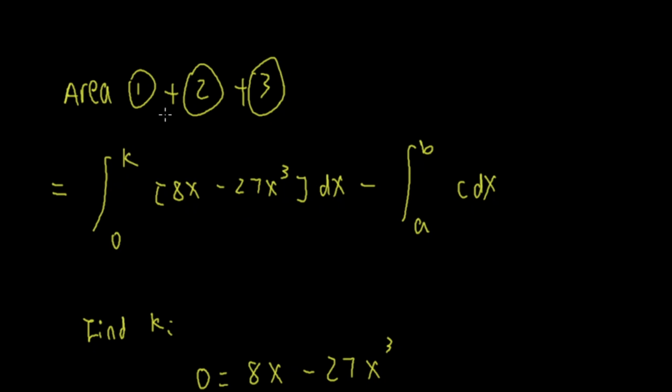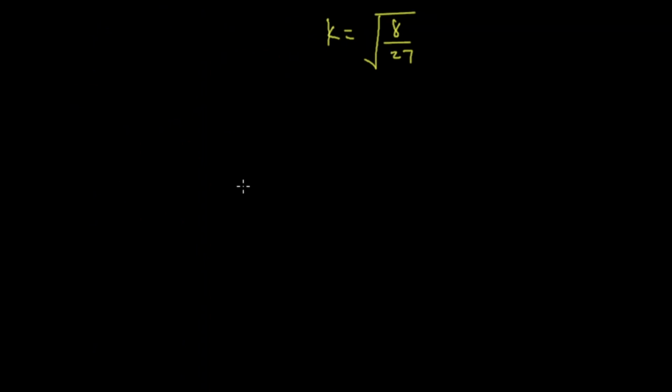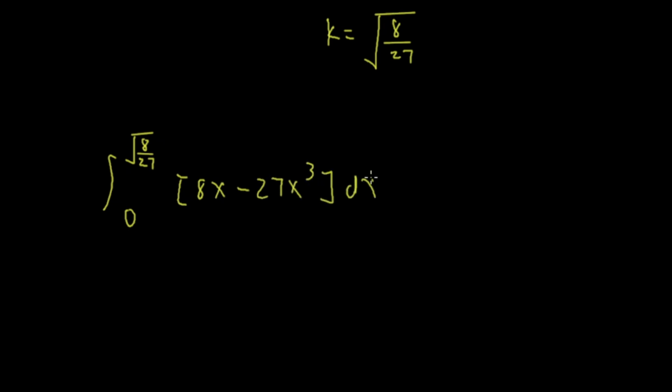Okay, now you can find the integral of this. k is the square root of a over 27. So let's do this. Integral from 0 to the square root of a over 27 of ax minus 27x cubed dx. Okay, that's just basic integral. So add 1 to the power, divide by the new power, x to the 4th divided by 4.